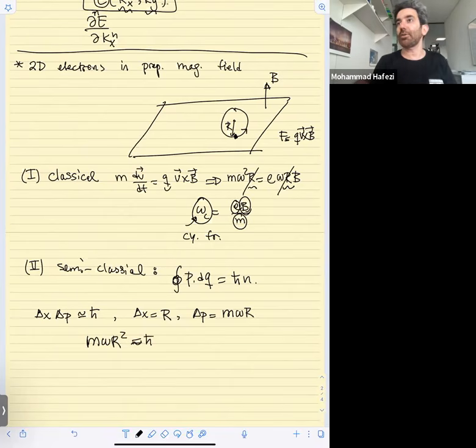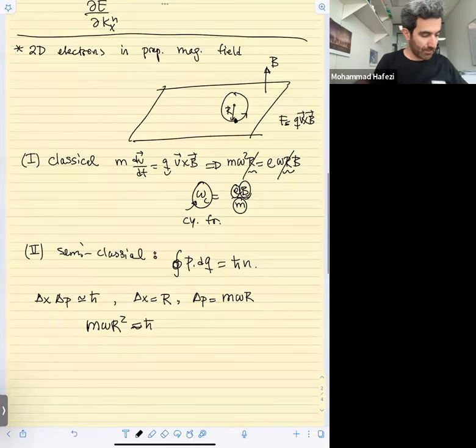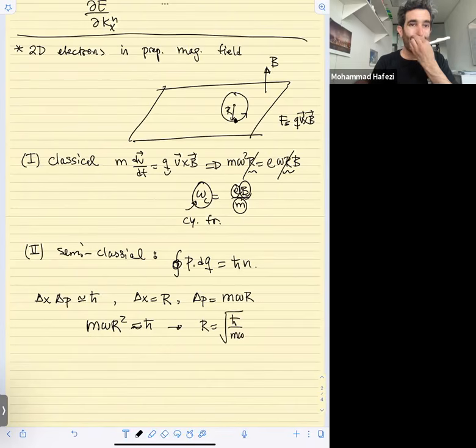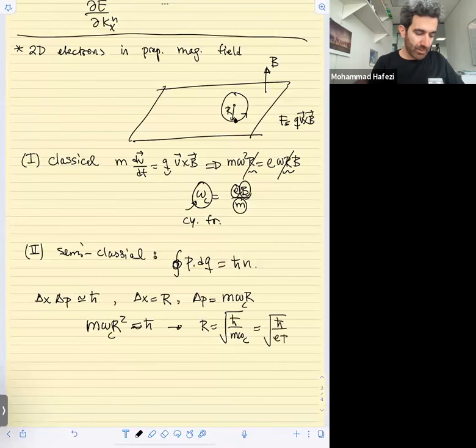The smallest orbital that I can make is this. So then r squared should be h bar over m omega, omega c, because now we have assumed that this is a cyclotron motion. And if I write it in terms of magnetic field, it would be this, if I replace omega from here.